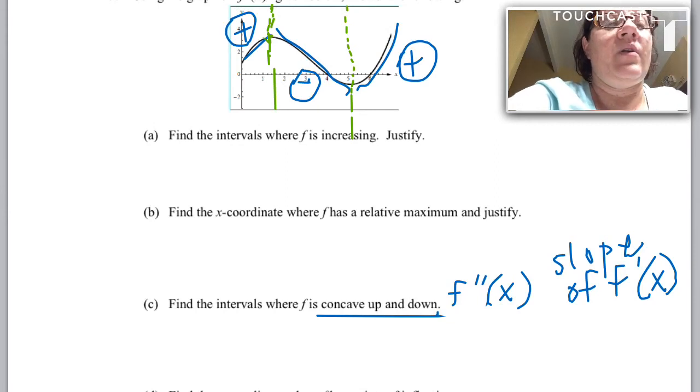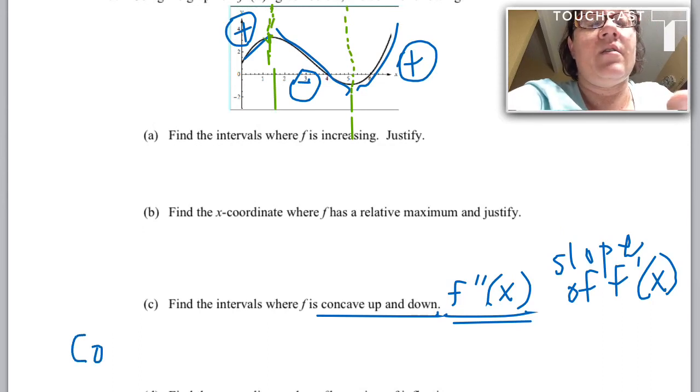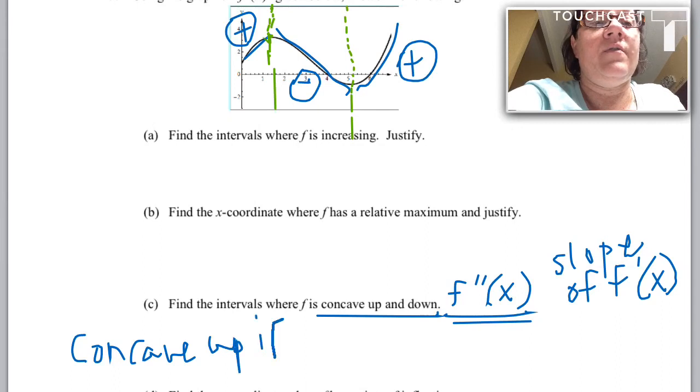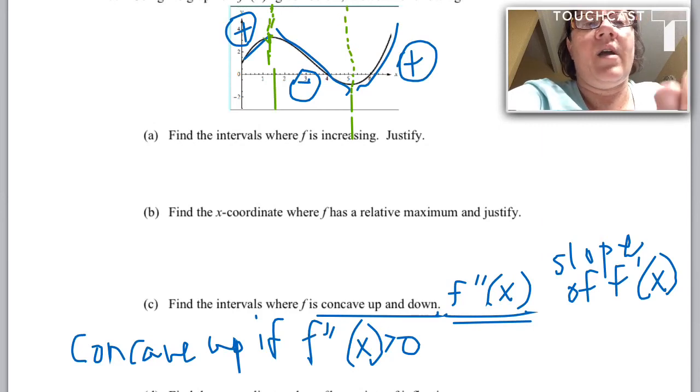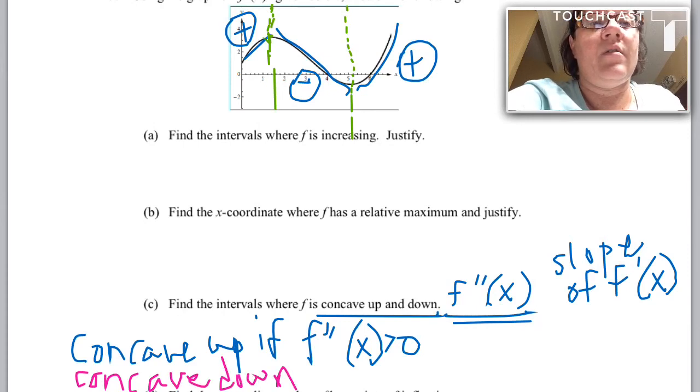So now remember, the function is concave up if the second derivative, in other words the slopes, which I just drew up there in blue, is, well, let's do this, concave up if f double prime is positive, and concave down if f double prime is negative.